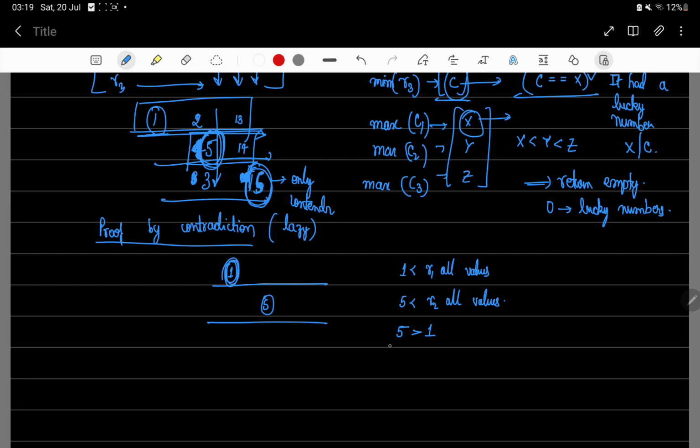In that case, what I have is all these values, and all these values are less, all these values are lesser, greater, and this is greater. Suppose let it be 7, 8.